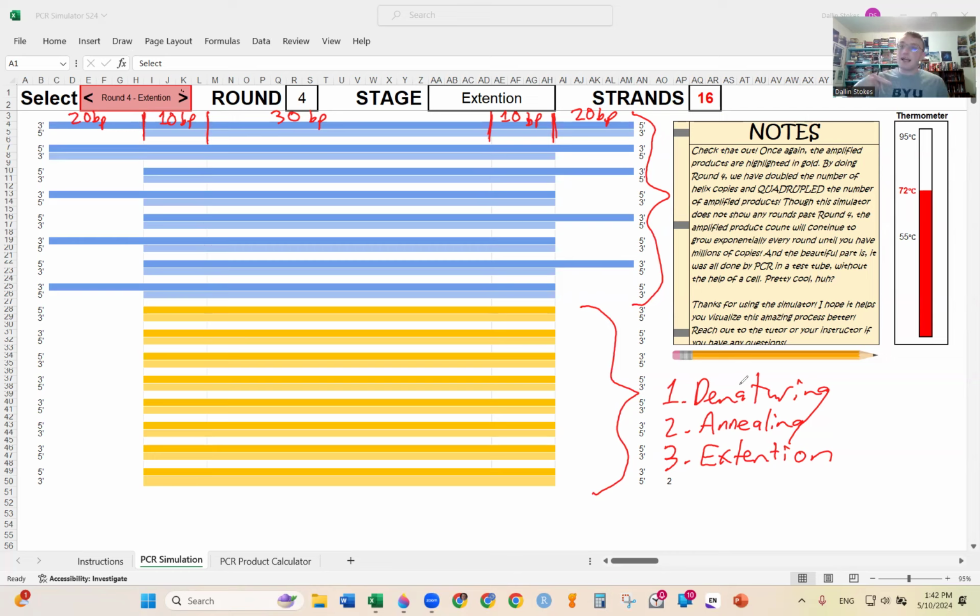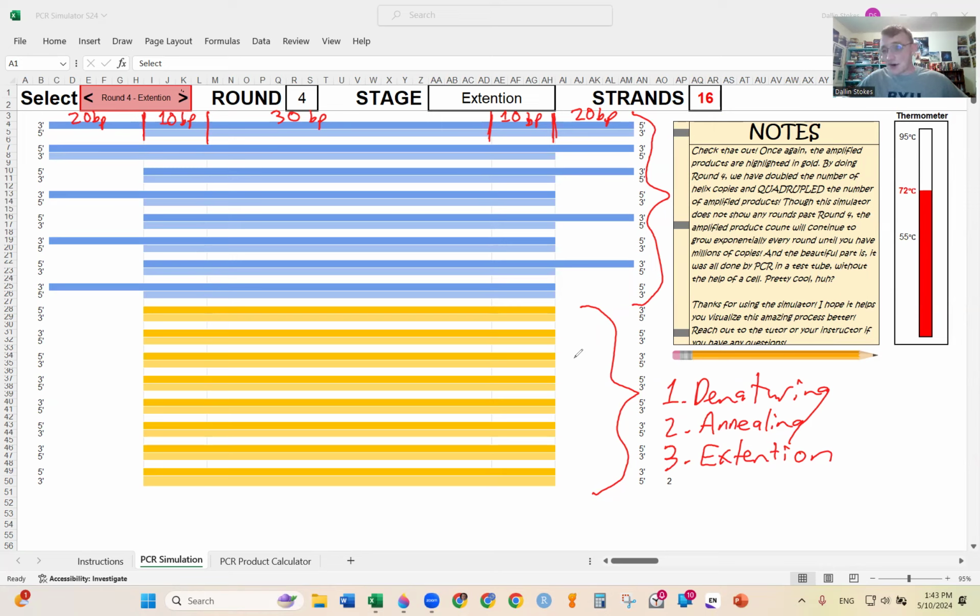So every single time you do another round of PCR, we're going to keep the same handful of these weird strands up here at the top, and then I'm going to keep getting more and more of these gold strands exponentially. After say 30 rounds of PCR, I'm going to have 8 weird strands and a bajillion amplified product size strands.